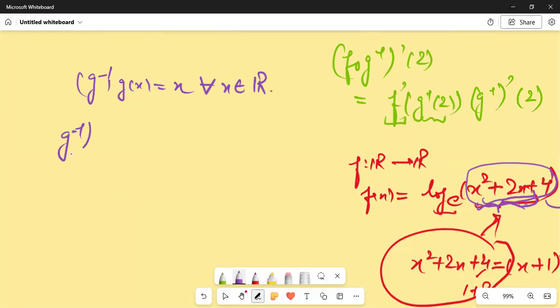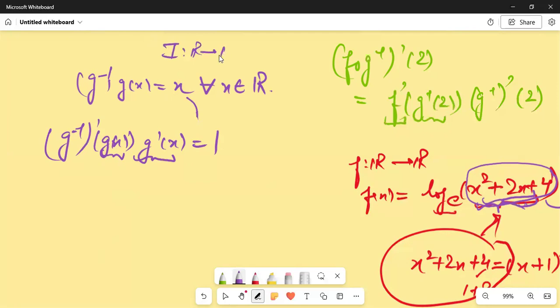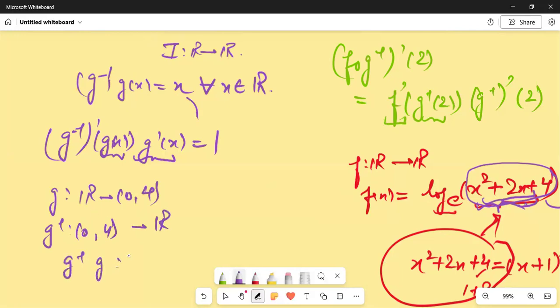So you will be getting the derivative of g inverse at this point, and the derivative of g, and take the product. And the derivative of this is nothing but an identity function from R to R. Because g is from R to (0, 4), g inverse will be from (0, 4) to R. So g inverse g will be from R to R. Okay.